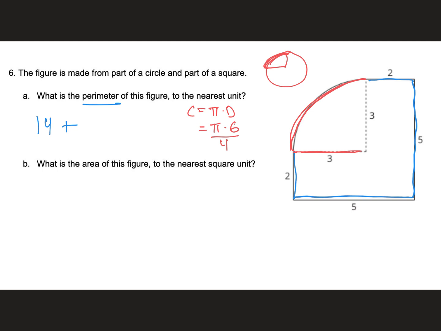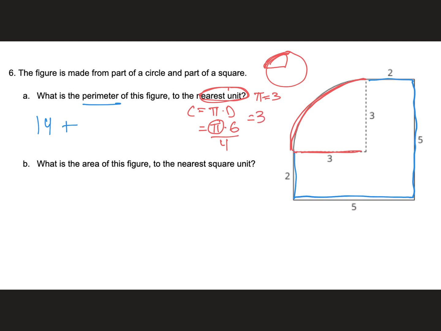So where should I work? I'll work here. Because this says nearest unit, I'm just going to assume that pi is equal to 3, because I'm just looking at units. I don't need to go to tenths and hundredths. So what I'm going to solve for is this.